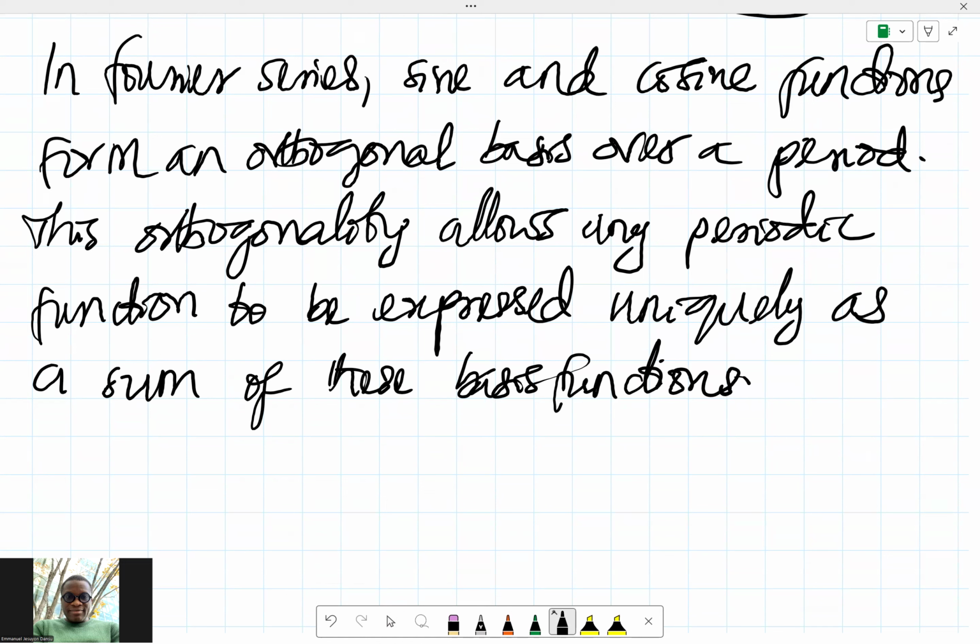So that's the whole idea, right? You express periodic functions in terms of sine and cosine. Basically, that's the whole thing about Fourier series.